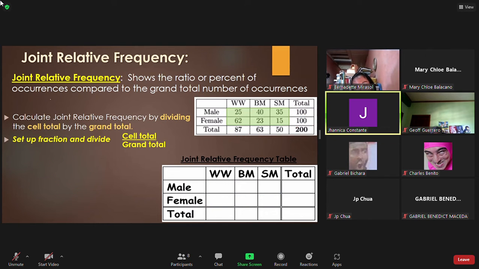Okay, let's have an example wherein we're going to get the conditional frequency and the joint relative frequency of our table.